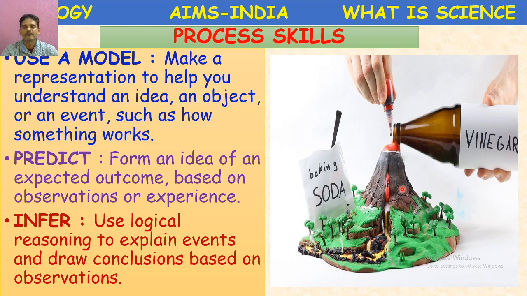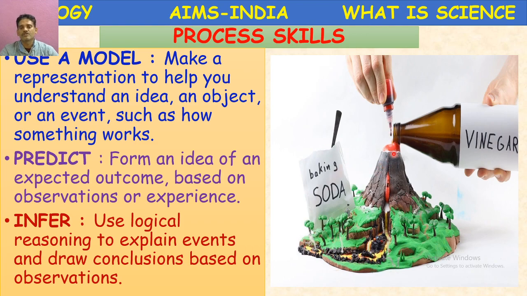Volcano model is prepared with clay. Then in that baking soda and vinegar is added. When baking soda and vinegar react chemically, that fluid oozes out. Some color is added, so that it appears like lava, red color.